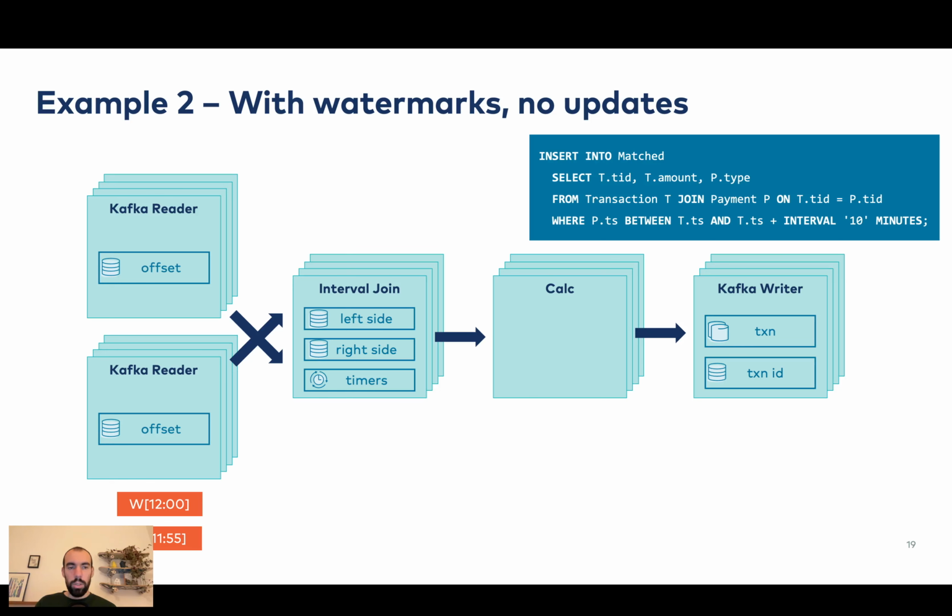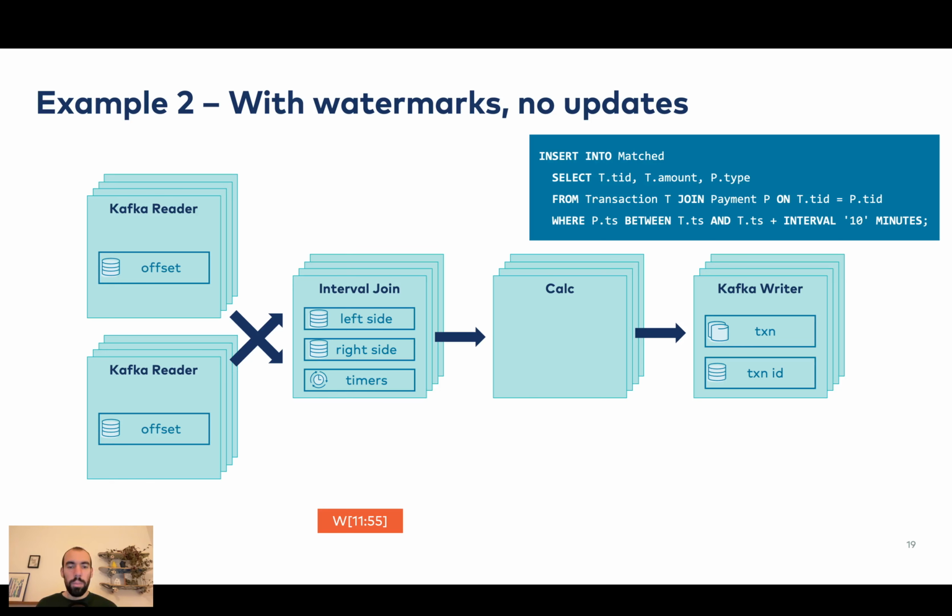So the watermarks are traveling from left to right, and you will see that we are calculating the minimum of all input watermarks, which means 11:55 is the current logical time of the interval join.